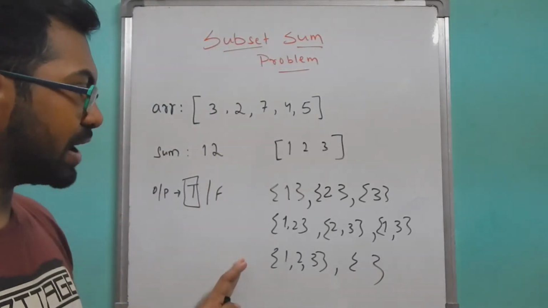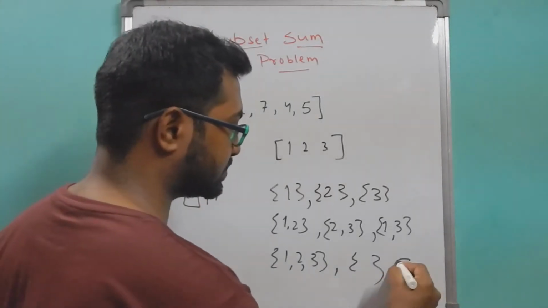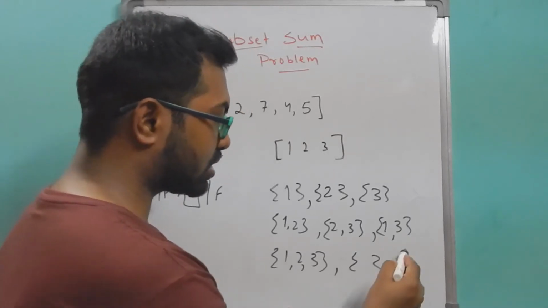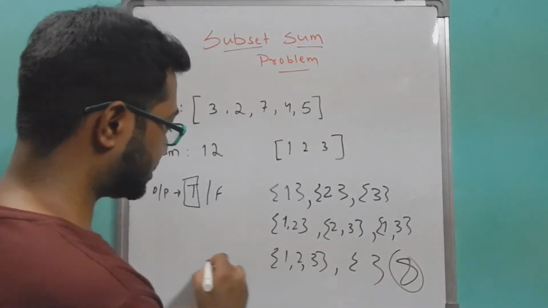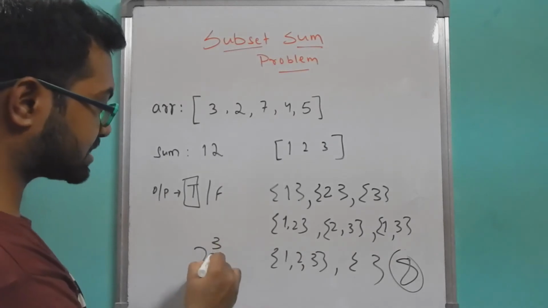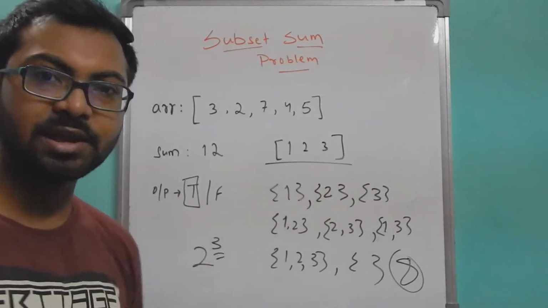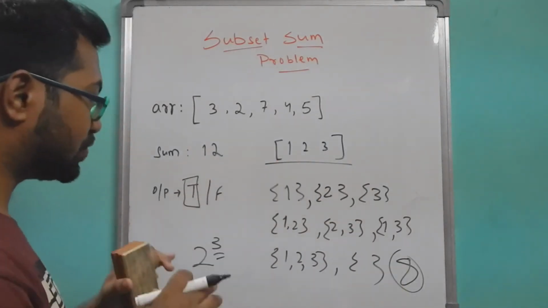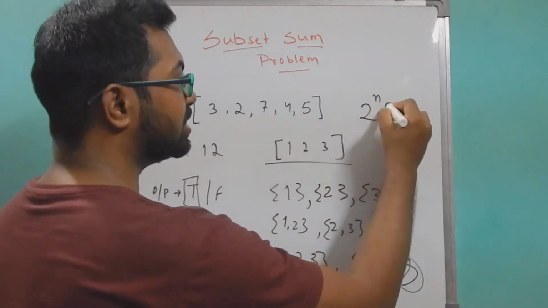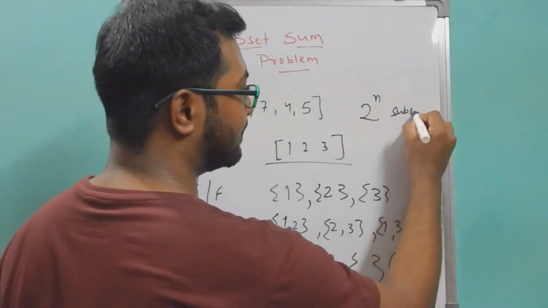So total subsets we have here is equal to 8, or we can say 2 to the power 3, and 3 in this case is the length of the given array or the number of elements. So we can assume 2 to the power n is the total subsets we have.